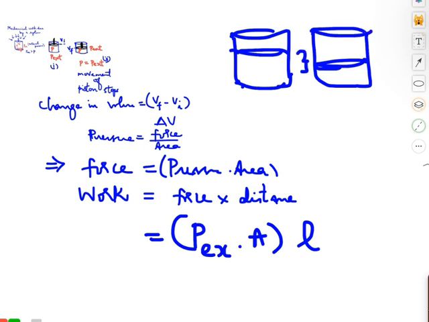Let's suppose this distance is your L. Delta V is the change in the volume.